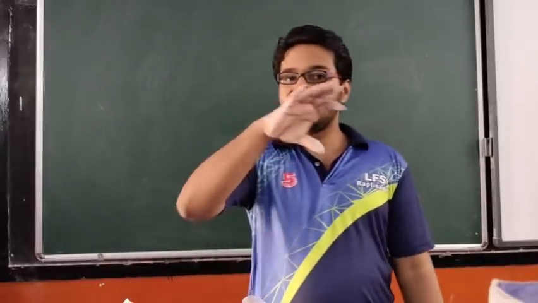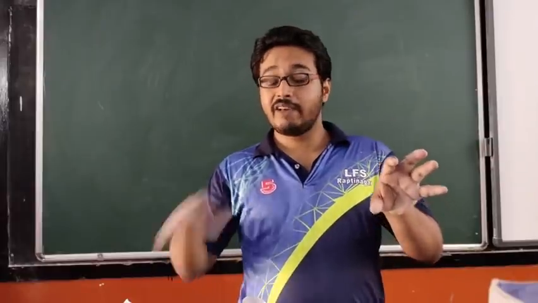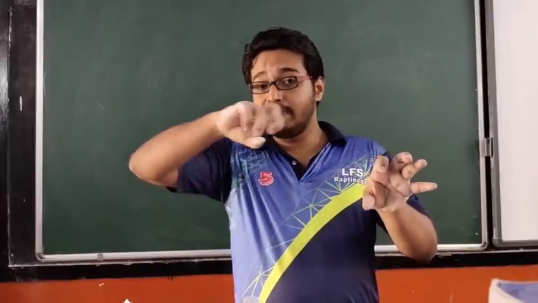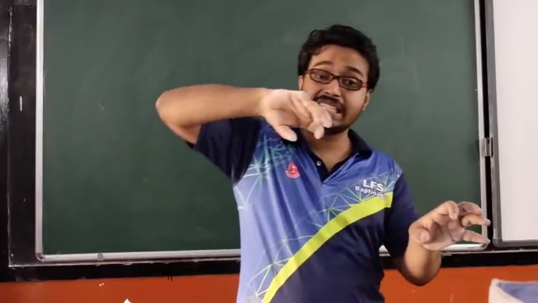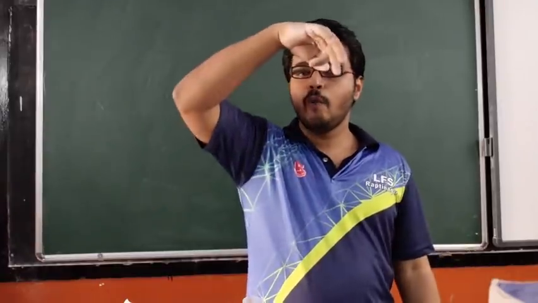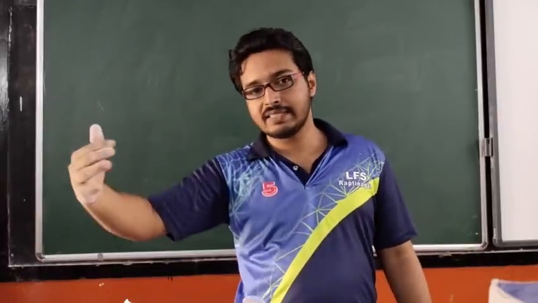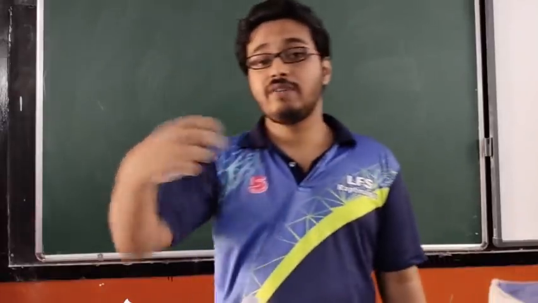So if the size of the atom is big, it means the outermost electron is loosely held by the nucleus, or in other words, it is easy to lose that outermost electron.